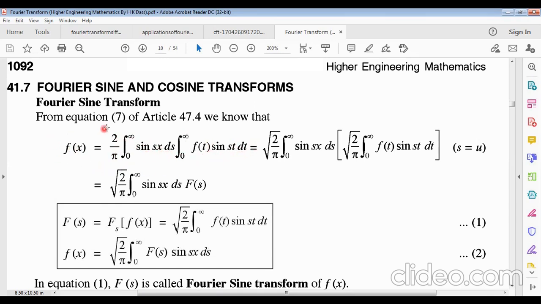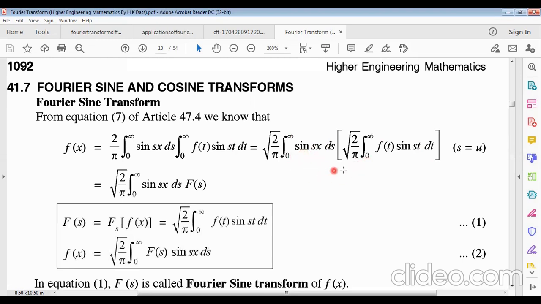This is the Fourier sine integral. This integral can be written as root over 2 by pi, with limit 0 to infinity, sine sx and f of t sine st dt, just arranging. This is the t term and this is the s term.